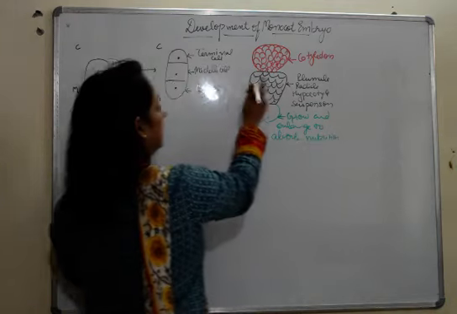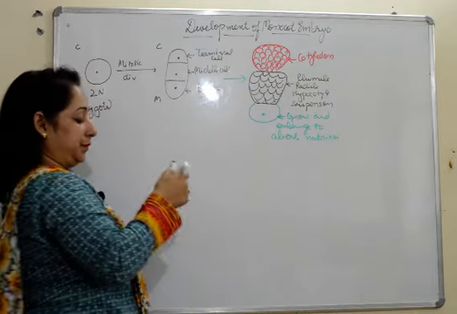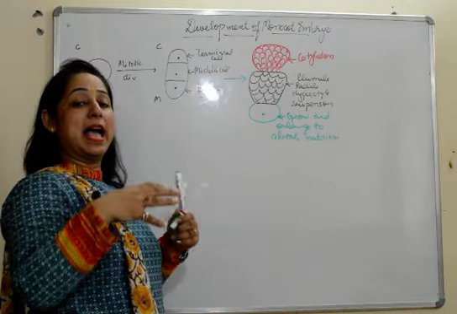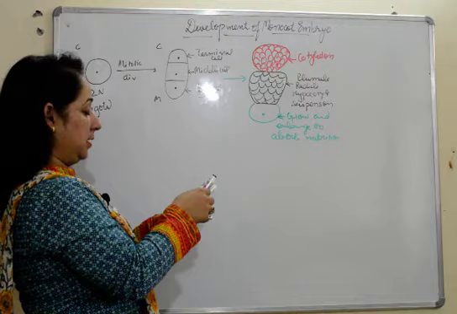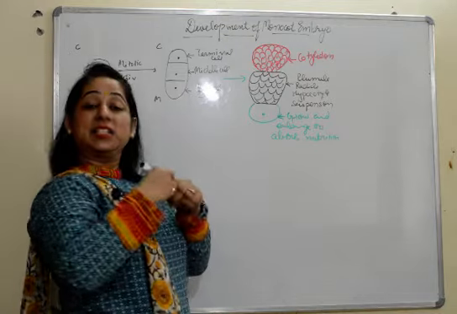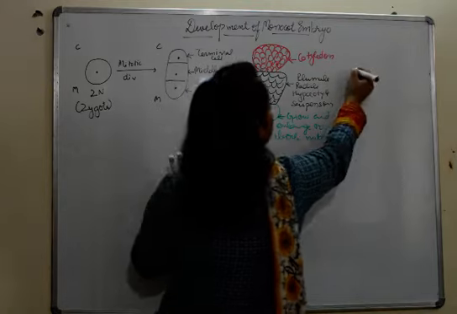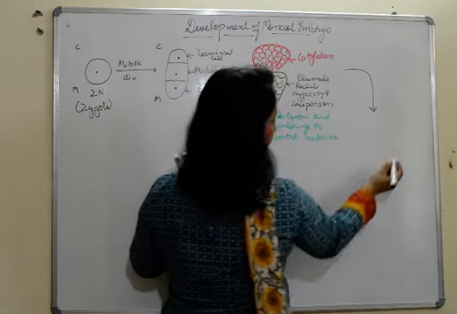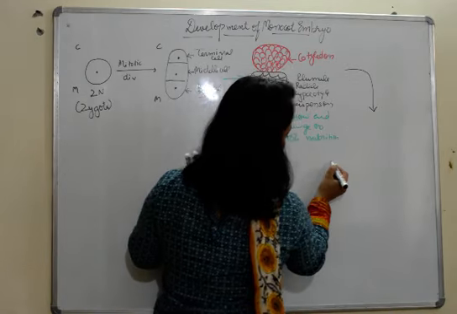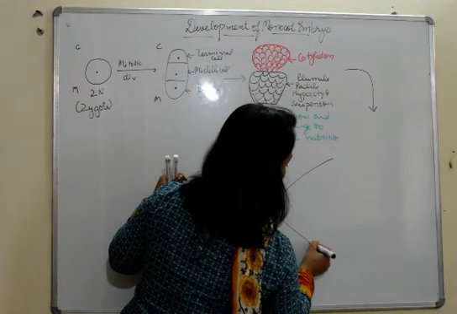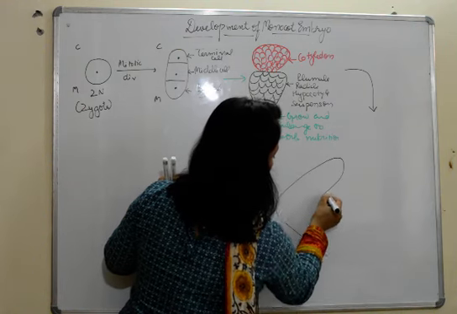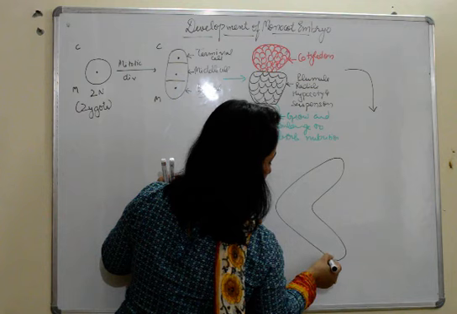Now this is the second division. After this we have a structure which is formed, and that structure will appear like this. This is the next division. I'll make it here. This structure will appear like this.